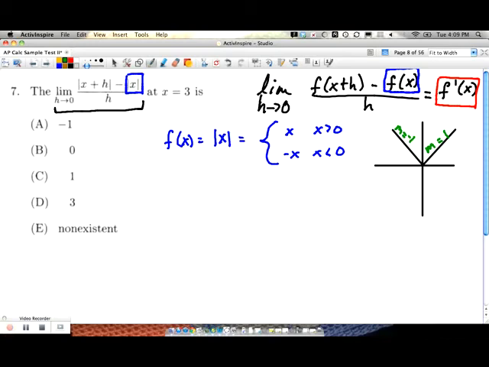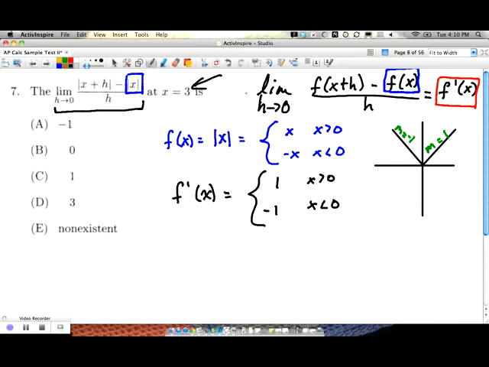But if I wanted to think of that as a derivative from this piece here, f prime of x is also a piecewise function. The derivative of the top is just 1. The derivative of the bottom is negative 1. If x is greater than 0 and if x is less than 0, respectively. So then I just need to figure out what's going on with this expression at this point x equals 3.